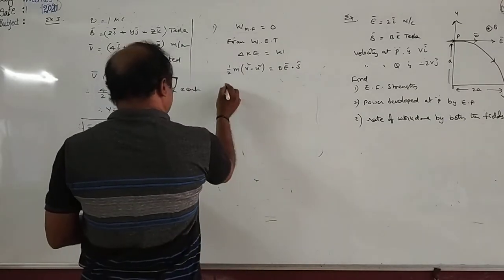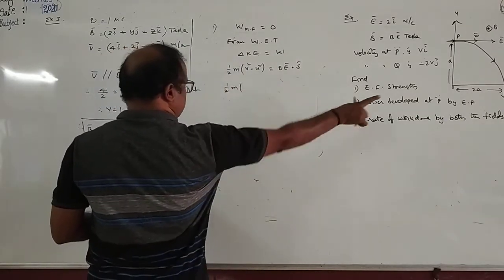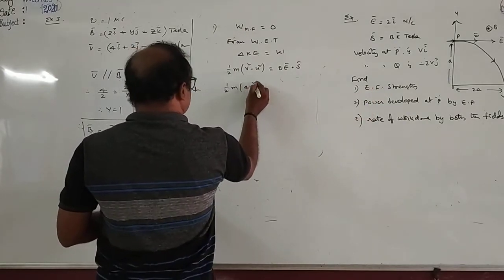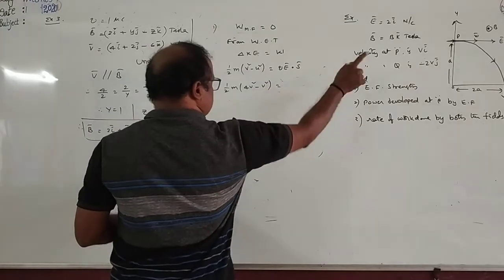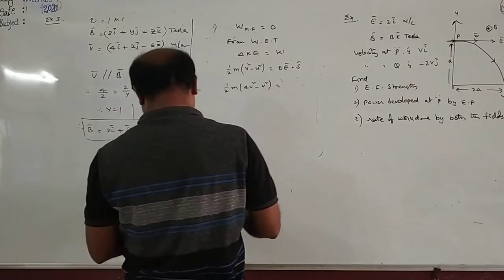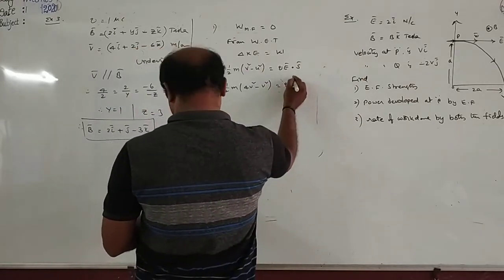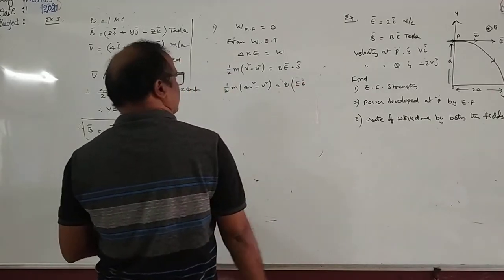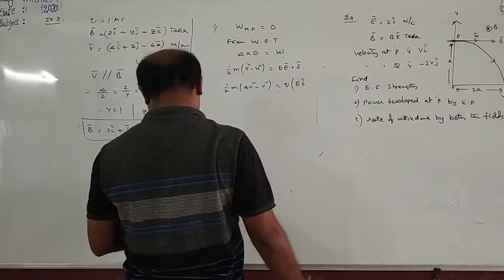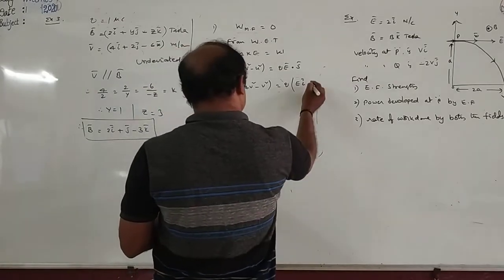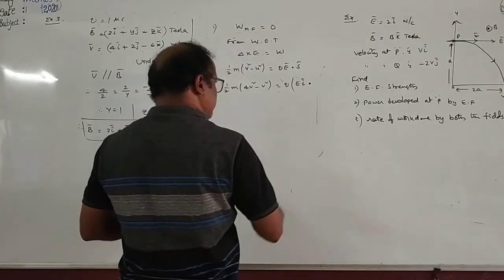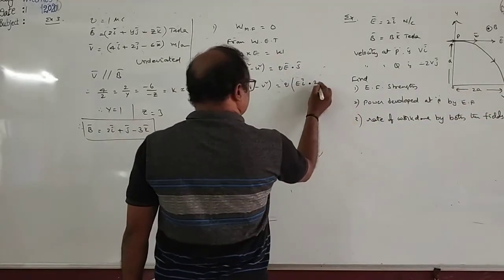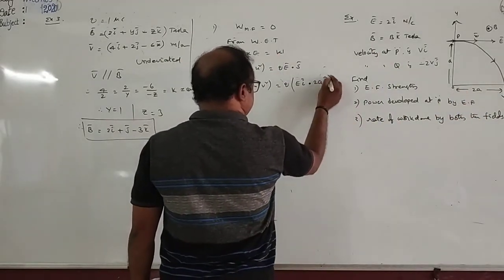Therefore, half m into final velocity, which is 2v, squared, that is 4v square minus v square, initial velocity v, is equal to q into capital E. In what direction? E is along the x-axis, E into i cap, dot displacement along the direction of the electric field, which is 2a into i cap.